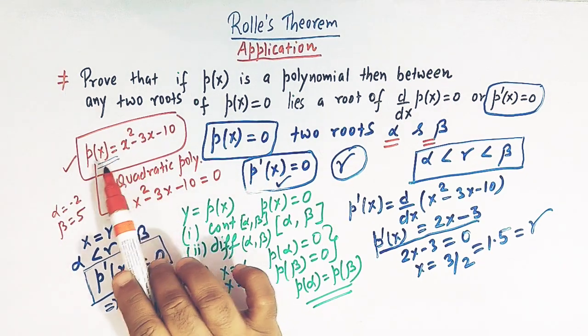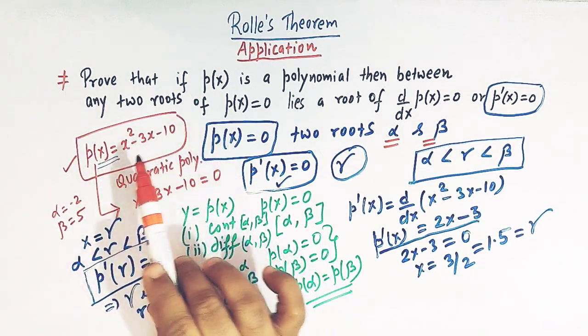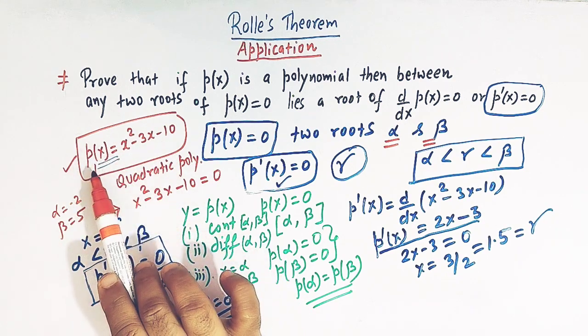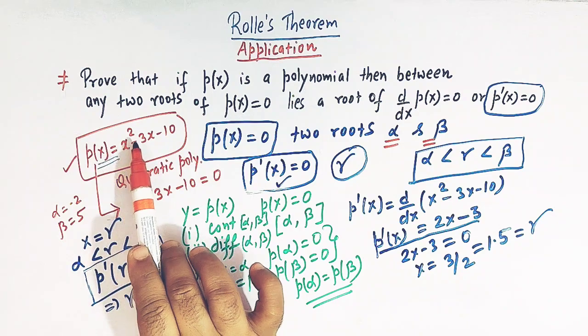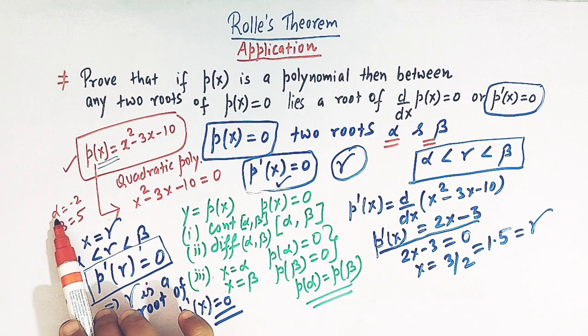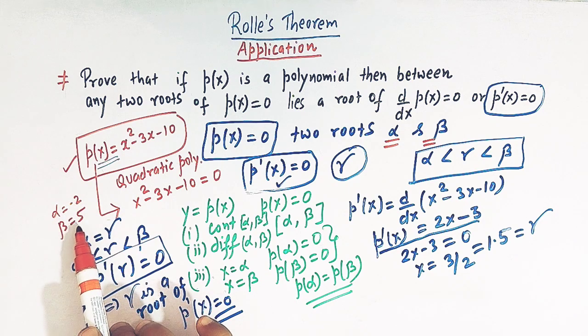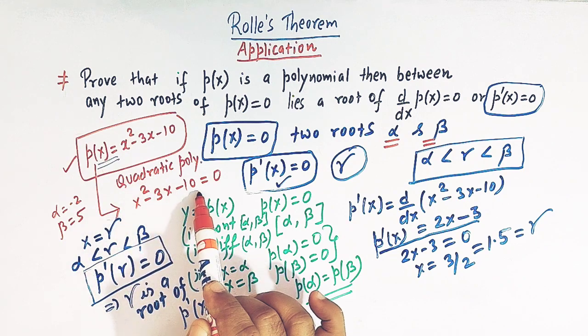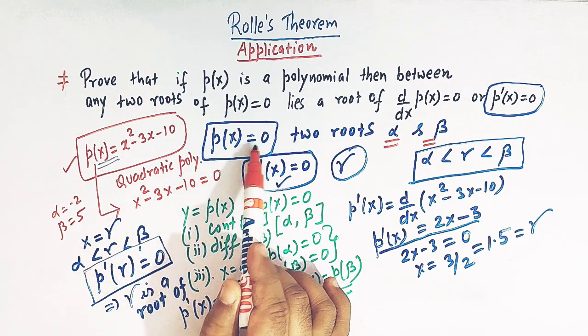So in our example, which we have taken for illustration purpose, we have the quadratic polynomial x square minus 3x minus 10. And we had alpha is equal to minus 2 and beta is equal to 5 as the roots of this equation, that is p of x is equal to 0.